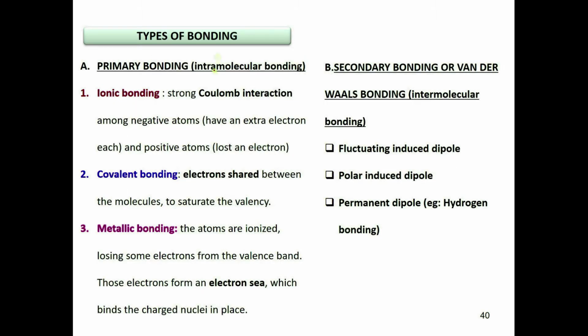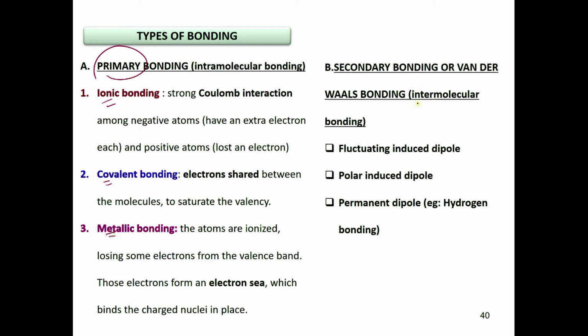The intramolecular bonding, or primary bonding, bonds together the atoms within the molecule. We have three types of this bonding: ionic bonding, covalent bonding, and metallic bonding.